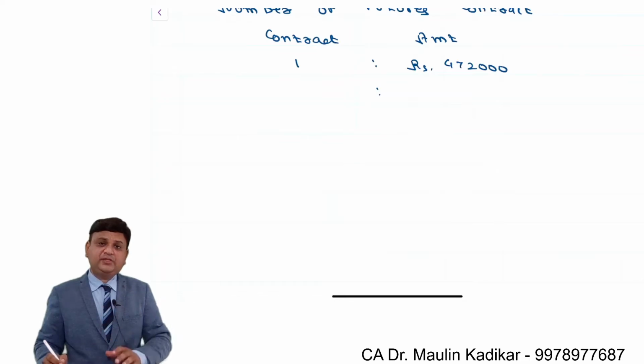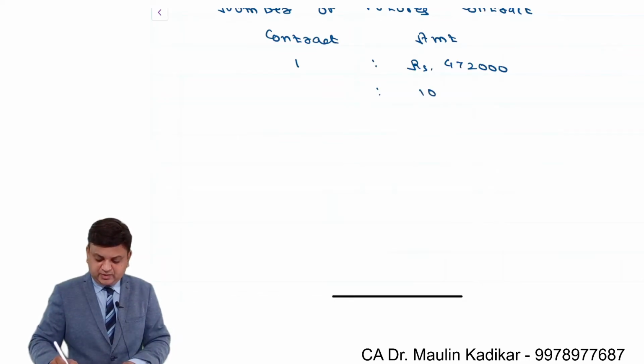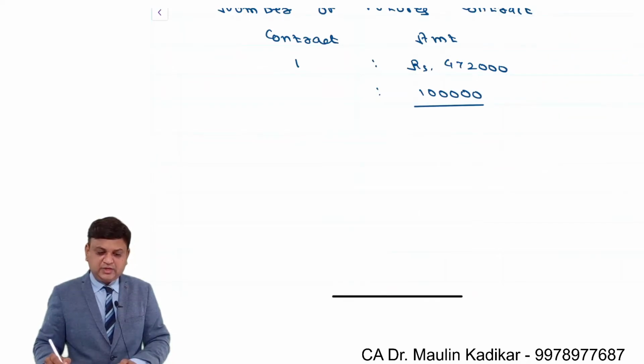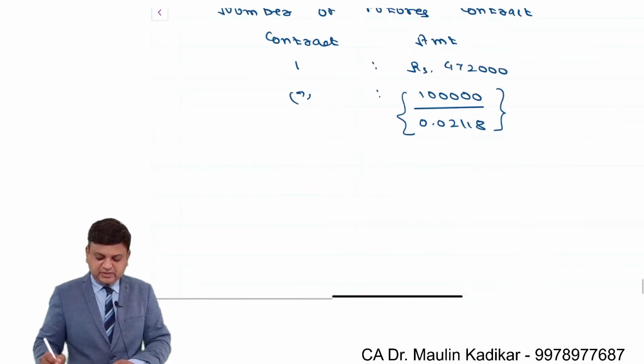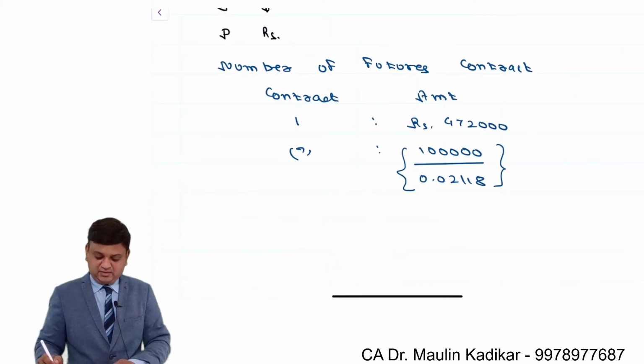And the amount for which the futures contract is supposed to be entered upon is $1 lakh divided by the futures contract for the month of September. For that the rate is 0.02118. So this is the number of contracts which are required to be entered upon.